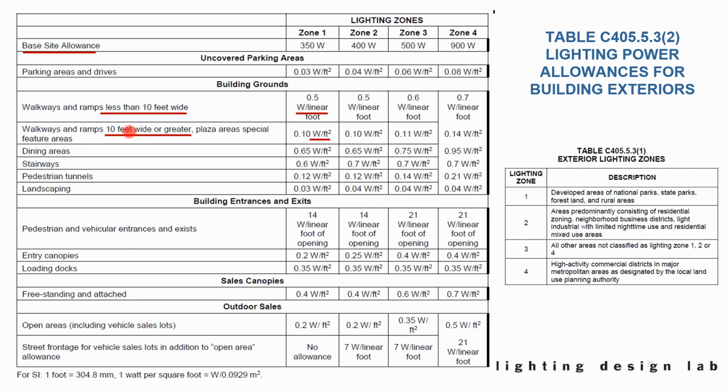If a walkway or ramp is greater than 10 feet wide, it's watts per square foot. So you just want to make sure that you're counting it right. And again, that would be pedestrian entrances as well. We were looking at watts per linear foot. And then we go for other things, watts per square foot. So you just want to check on that.